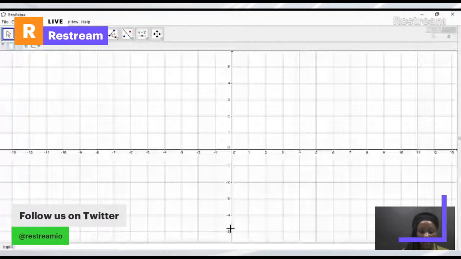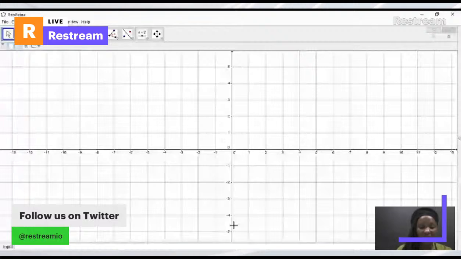Now, I'm going to plot some of the more common lines and curves, just to show you what they look like. Let's start with the line y equals x.